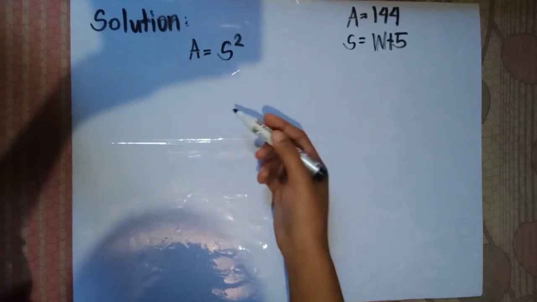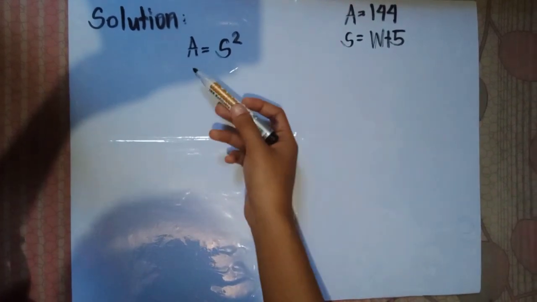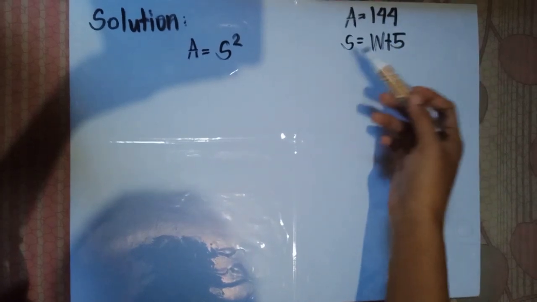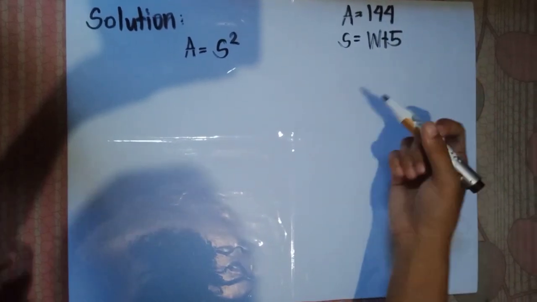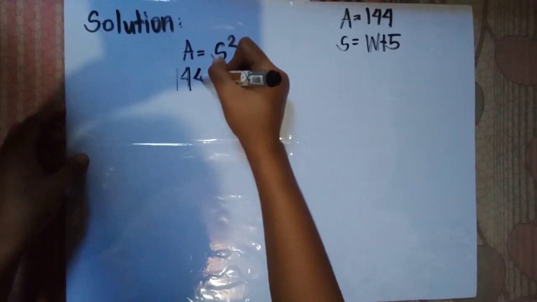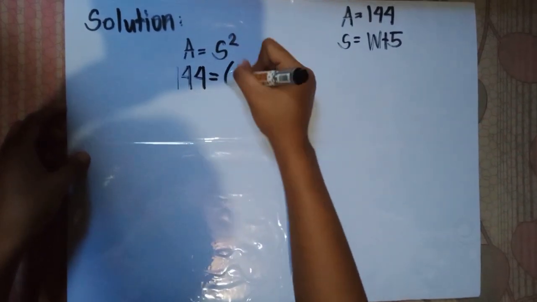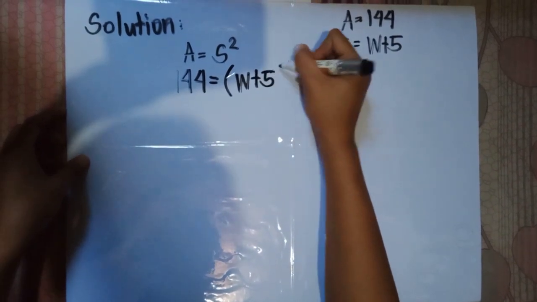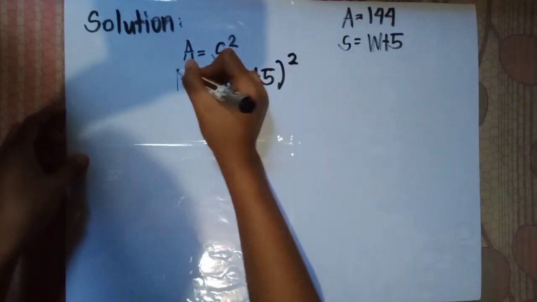So this is the formula that we will use, where A is equal to s squared, where A is equal to 144 and s is equal to the width with 5 meters added. So A is equal to 144 equals the quantity w plus 5 raised to the power of 2.